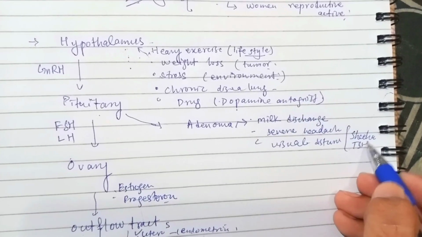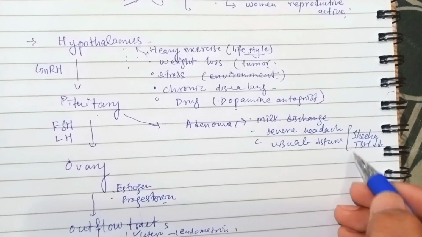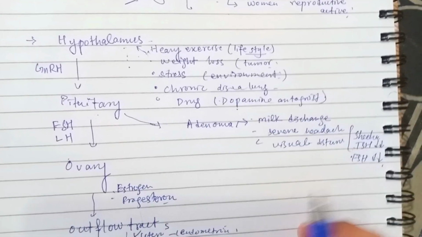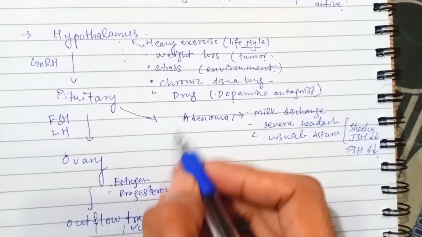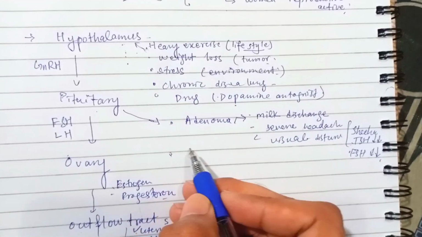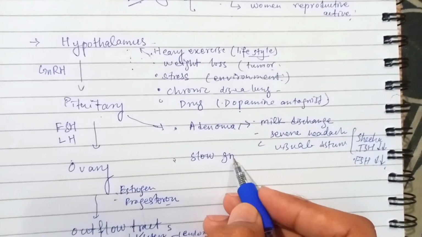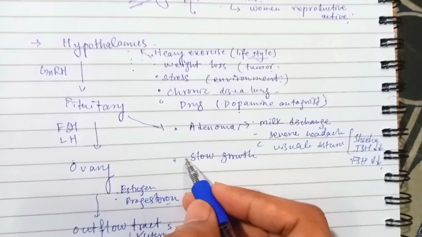In this case, TSH is lower and FSH also decreases. Another cause of pituitary disorder is slow growth and weight gain.